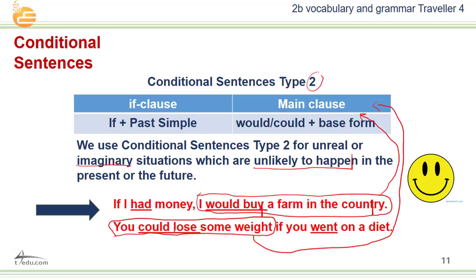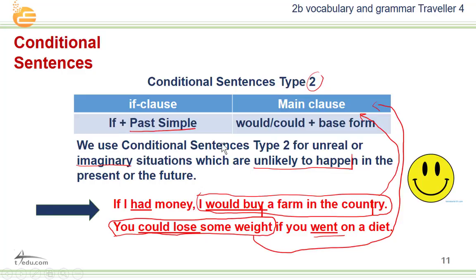We can start with the main clause and we can start with the if clause. Here, if you went on a diet. Went is the past form. Past simple, went. So if you went on a diet, you could lose some weight, or you could lose some weight if you went on a diet.